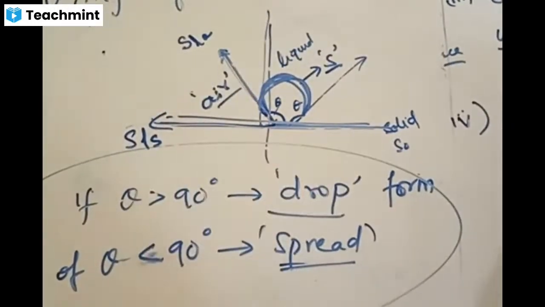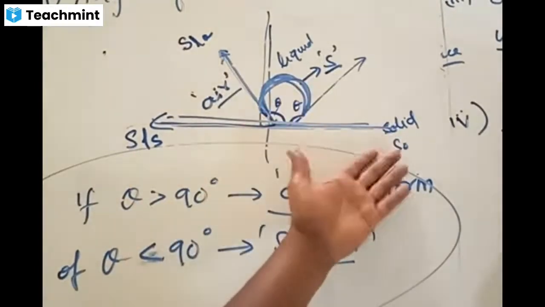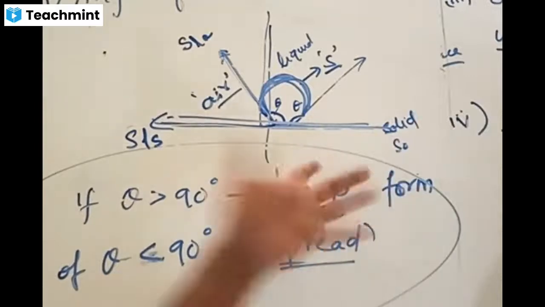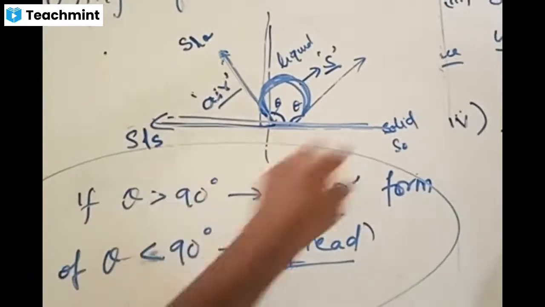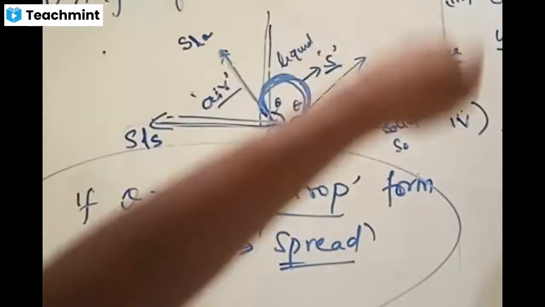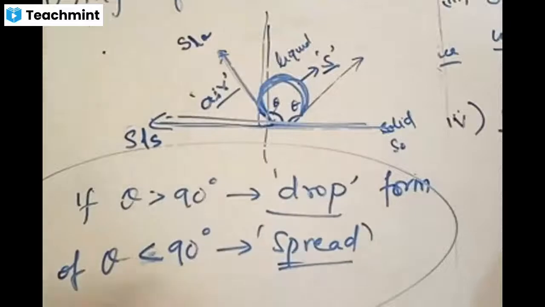The solid surface could also be anything: a rock, an iron plate, a steel plate, wood. Depending upon that solid and that liquid, it is going to spread or form a drop.